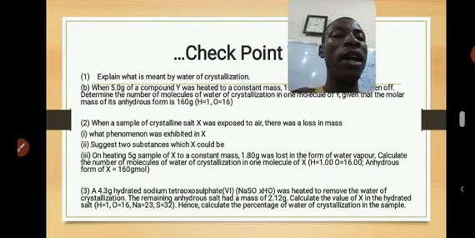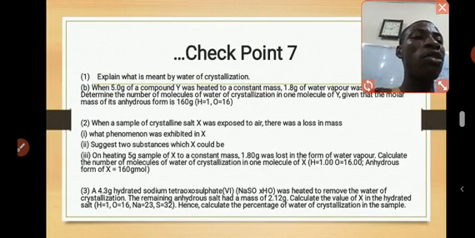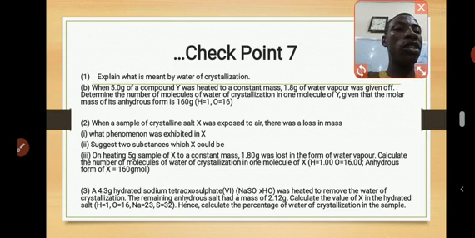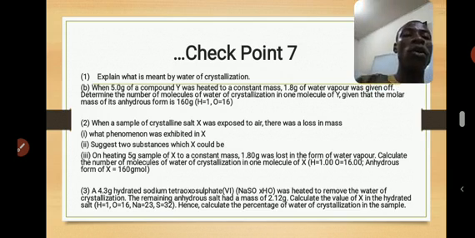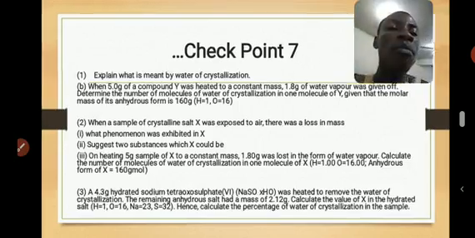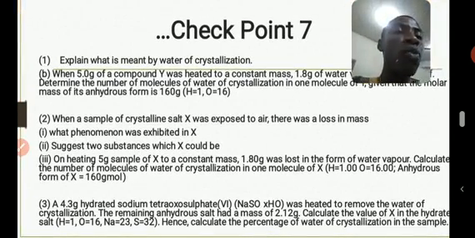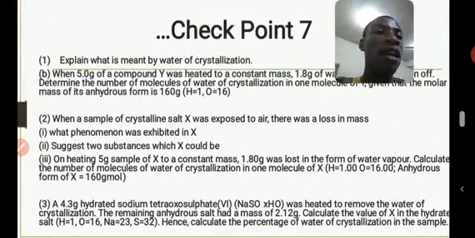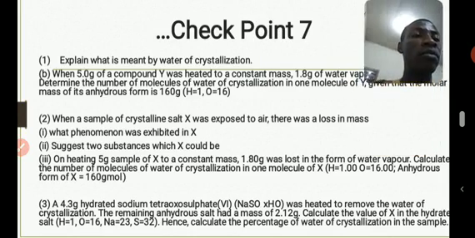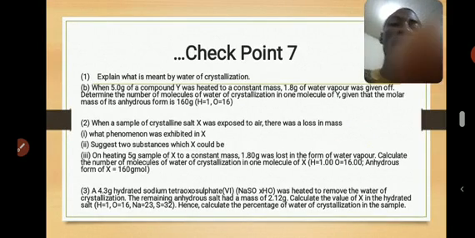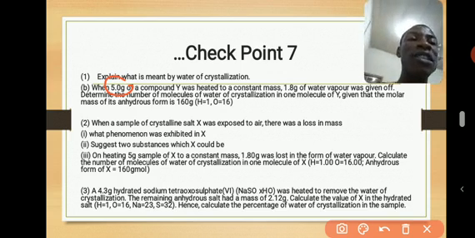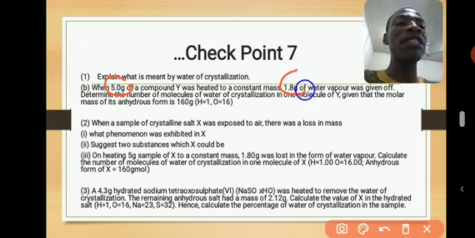Now let's go to number 1B. I'm trying to make this camera small so that it will not encroach. All right. So let's go to number 1B. 5.0 gram of a compound Y was heated to a constant mass.